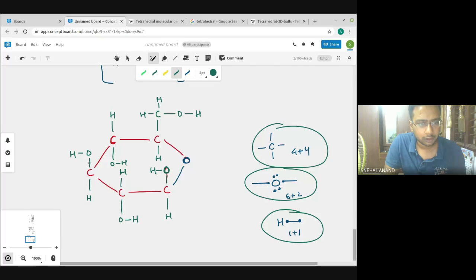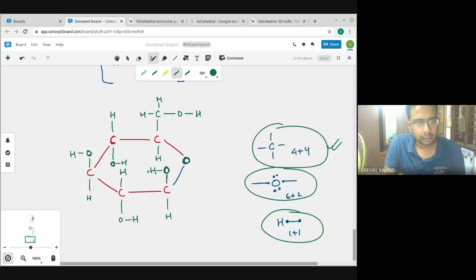This carbon also has 1, 2, 3, 4. So I am satisfying carbon. All carbons are correct. Look at the oxygen. This oxygen has 1 and 2. This oxygen here has 1 and 2. Even this one has 2.